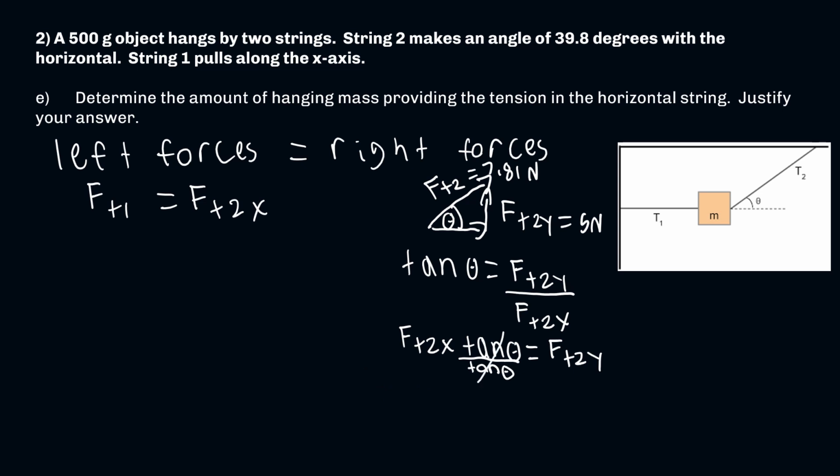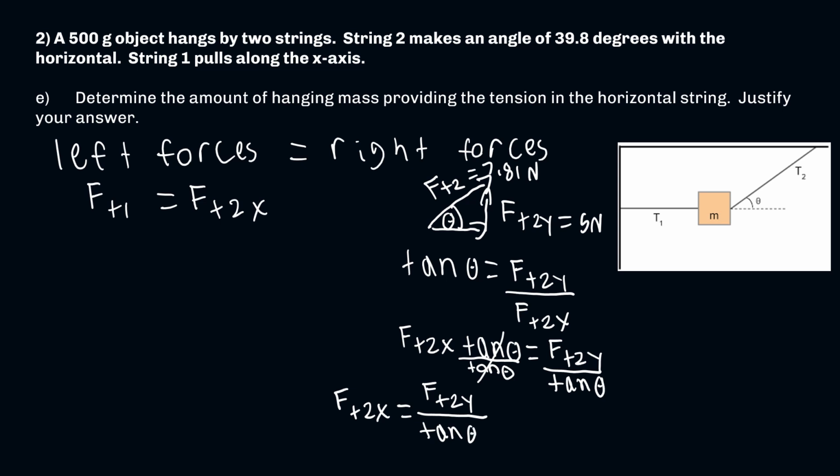Over here, this will cancel. I'm going to have tan theta on this side. And what I did over here was multiply FT2x to the other side. So I'm going to have here FT2x, that is going to be equal to FT2y all over tan theta.